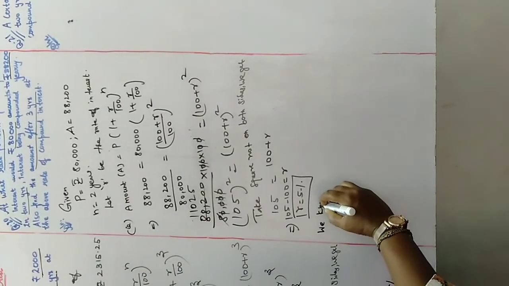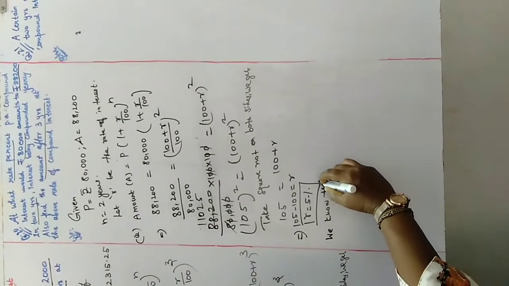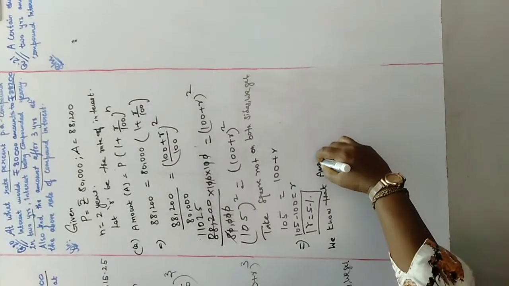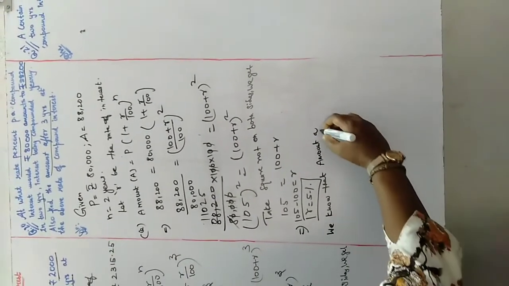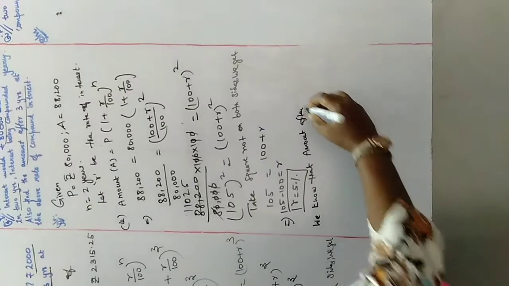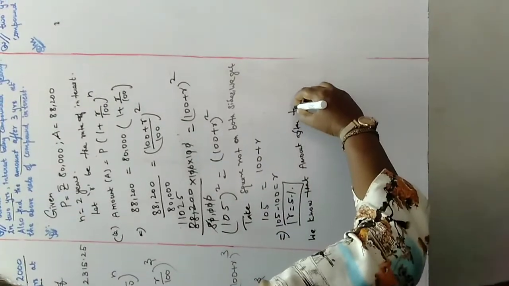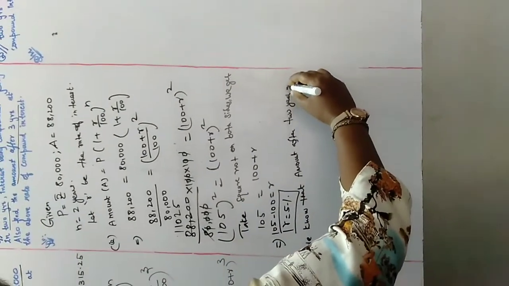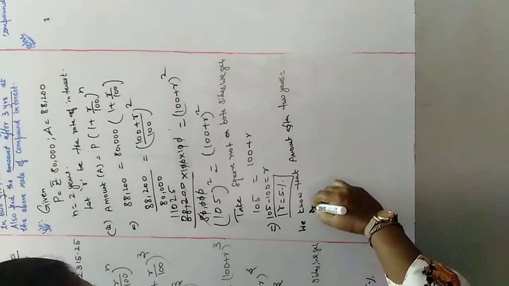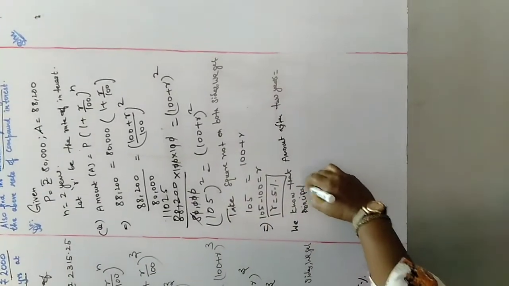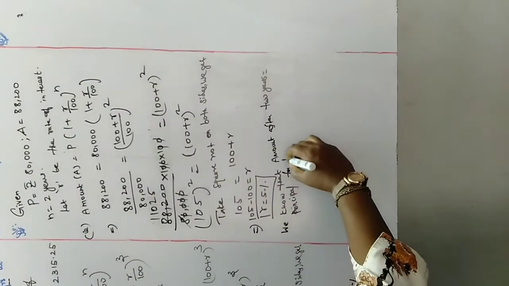Okay, after that we are supposed to find the amount after 3 years. We know that the amount after 2 years equals the principal for the third year.